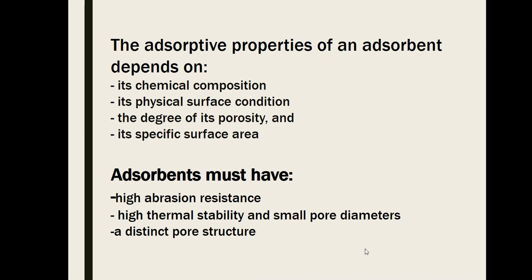In terms of the adsorptive property of an adsorbent, it depends on its chemical composition, its physical surface condition, its degree of porosity, and its surface area. So, four factors are affecting the manner in which a particular component gets adsorbed on a particular solid adsorbent.